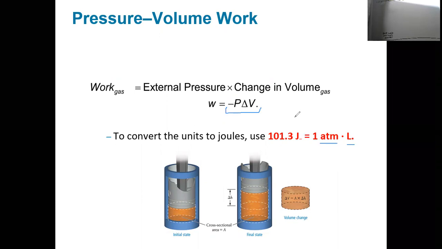Okay, so we need to be able to relate that back to joules, which is our common energy unit. So it turns out that 1 atmosphere times liters is equal to 101.3 joules. That is a number that you have to know. Okay, so star that, highlight it, memorize that one. Because you're going to need it to be converting this pressure volume work into units that you can use to calculate energy changes.